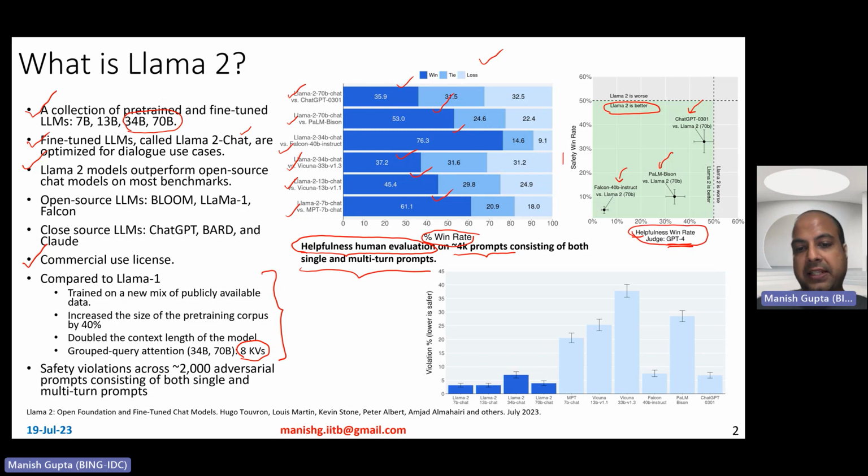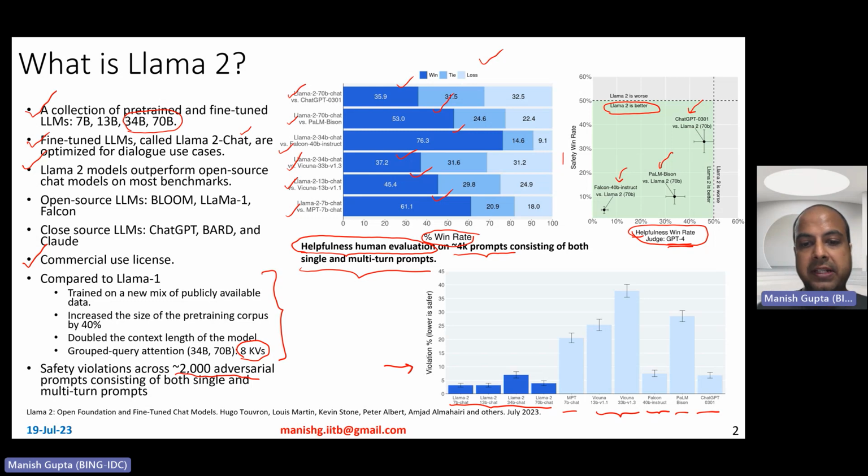Okay. So lastly, here is another evaluation in terms of safety of these models. So they essentially test these various models, Llama models here, and also MPT model, Vicuna models, Falcon model, Palm model, ChatGPT model. They test all of them across 2,000 different adversarial prompts containing both single and multi-turn prompts.